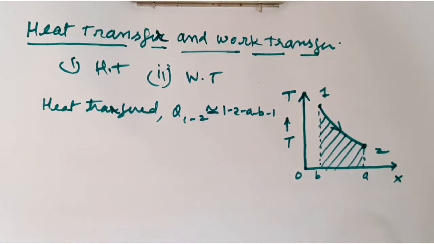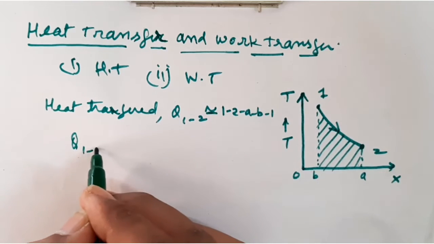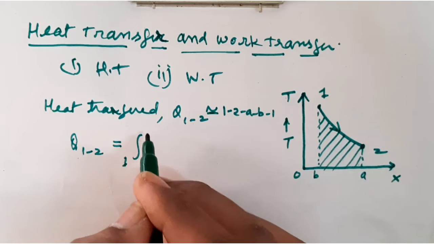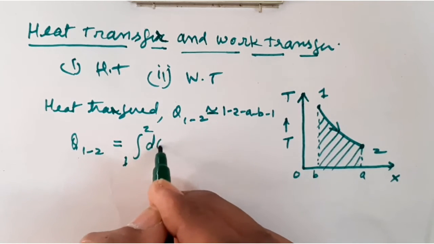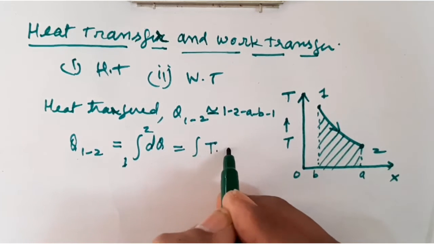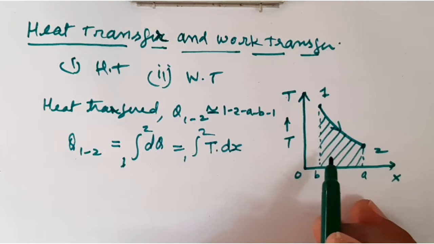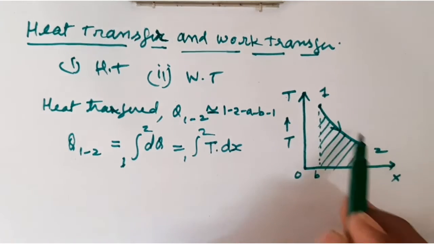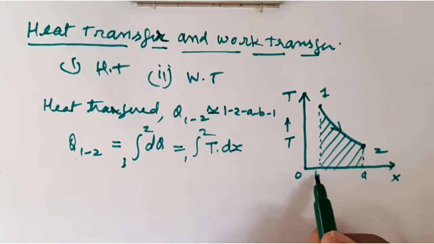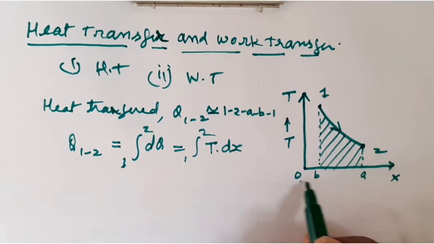So during this process 1 to 2, we can say heat transfer Q1 to 2 is equal to the integration of del Q, which is equal to T dx. During this process, the variation of x is equal to a minus b. So here to here it is a, and here to here it is b.